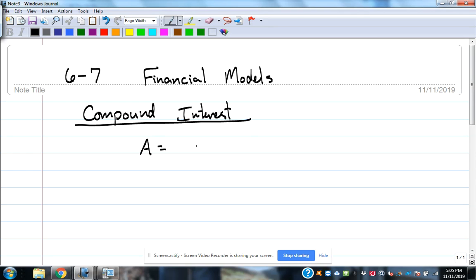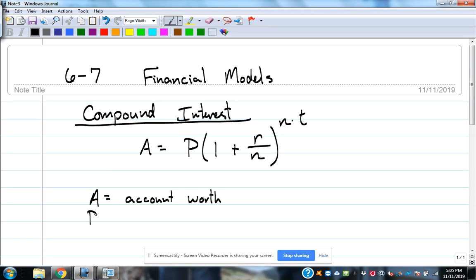The formula for compound interest is A equals P, parentheses, 1 plus R over N, close parentheses, to the N times T. A is account worth. P is your principal investment or deposit.